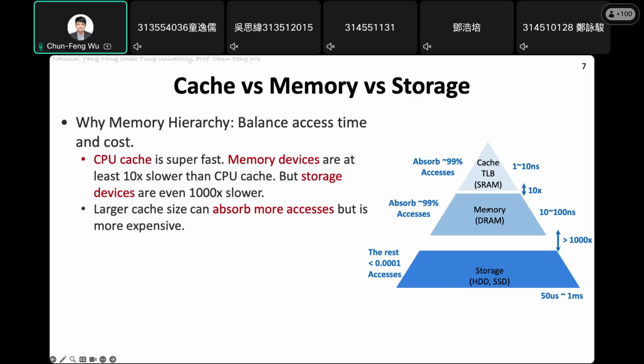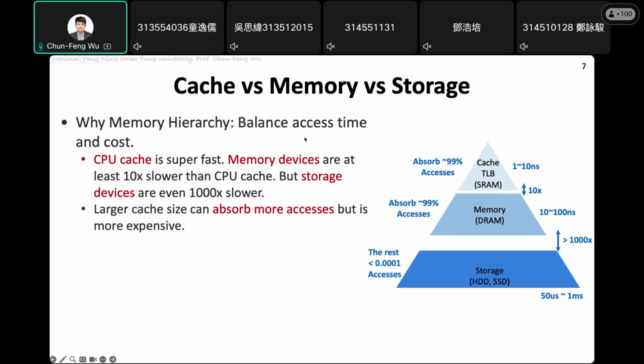Which means only very few accesses will really touch the storage device. And this is also the reason why this balance of cost works. Because if there were no process locality, and each access had the same probability of being accessed, then probably most of the accesses would go to the storage.